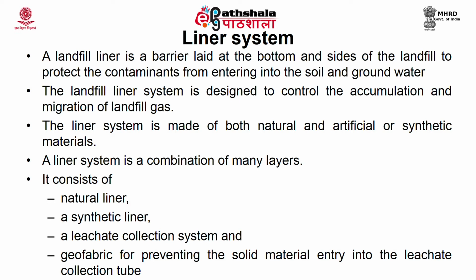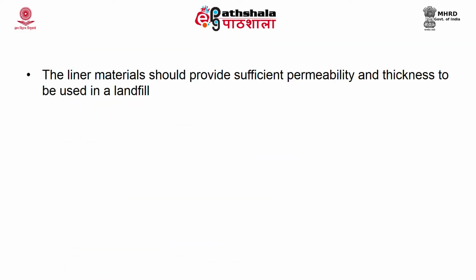All these put together form a liner system. Individually they are called liner materials, and when all these different liners and the leachate collection system are put together, they are called a liner system. The liner materials should provide sufficient permeability and thickness so that they can be used in a landfill.